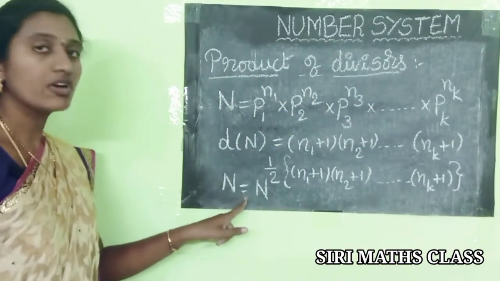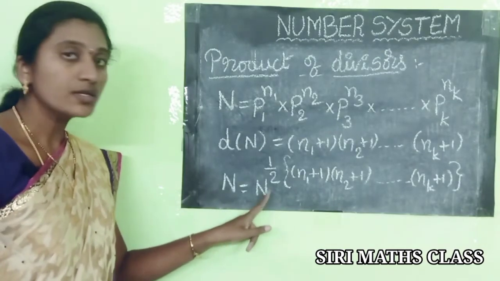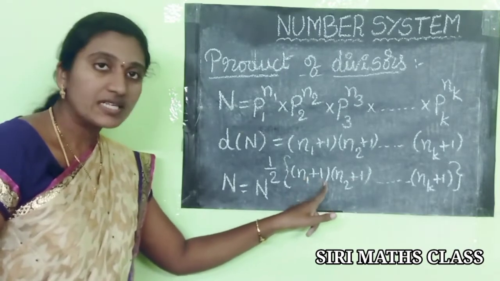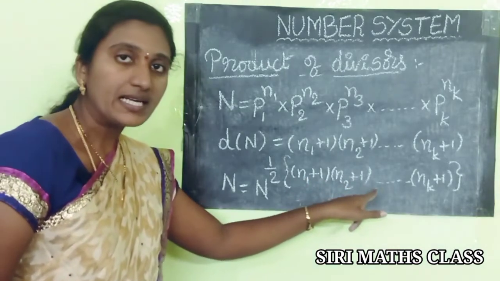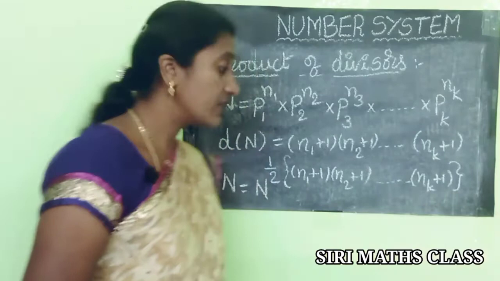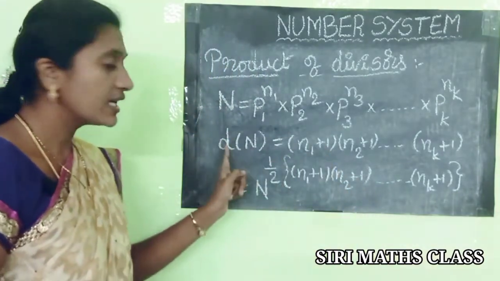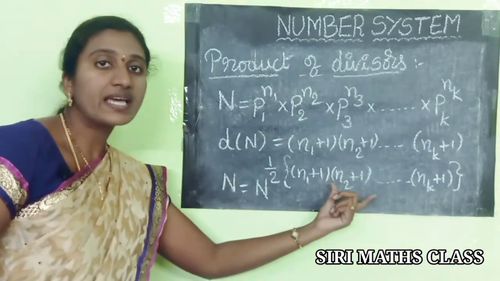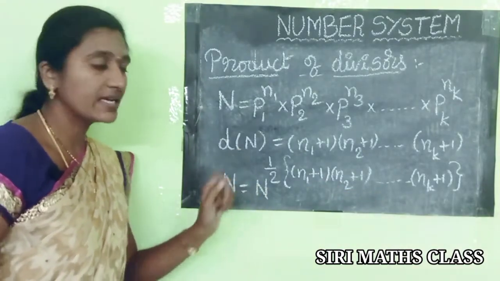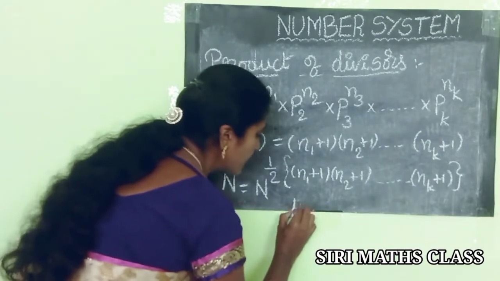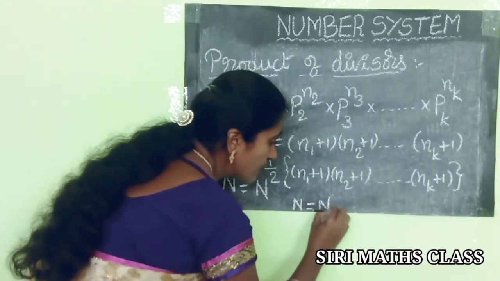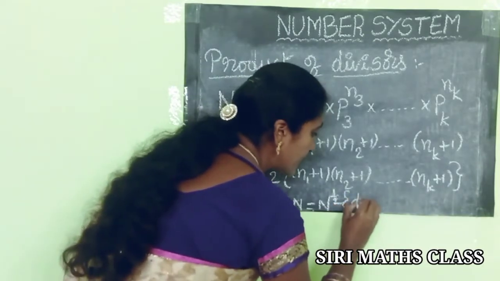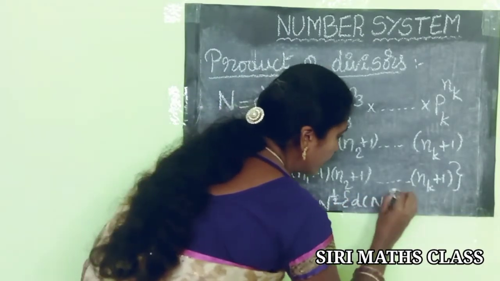All these values are in the form of d of n, so we can write the product of divisors as N to the power of 1 by 2 into d of n.